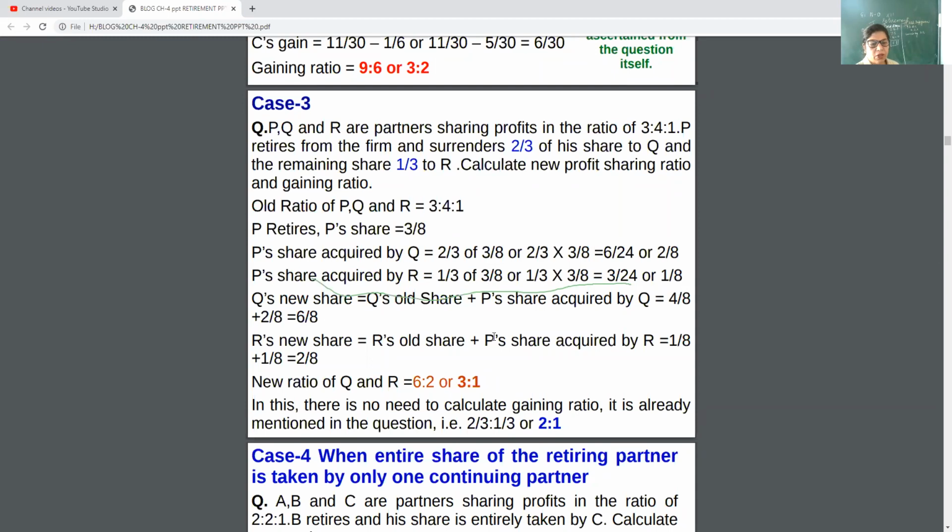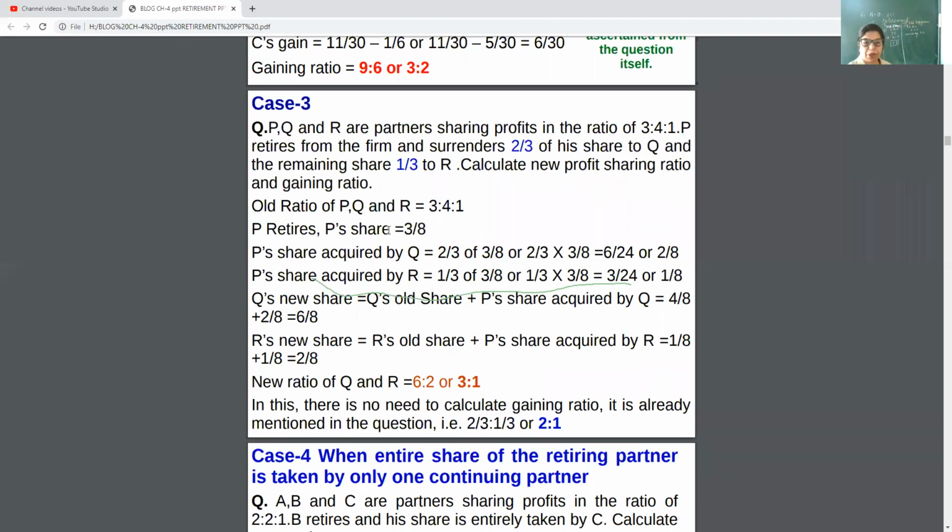Now when we have to calculate the new ratio, it is old plus gain. There is no need to calculate the gaining ratio. Again, I am saying for time saving, the gaining ratio is given as 2/3, 1/3. Here again, 3, 4, 1, P retires and surrenders 2/3 of his share.